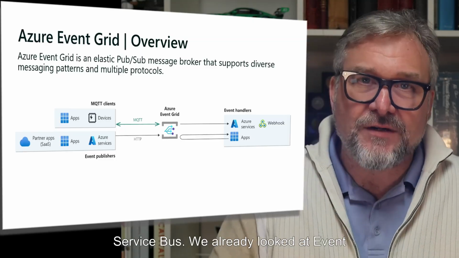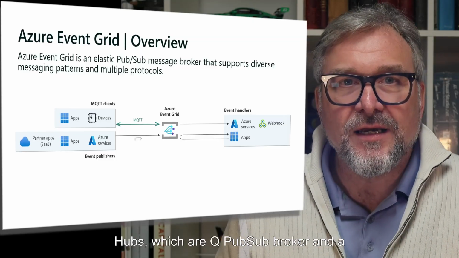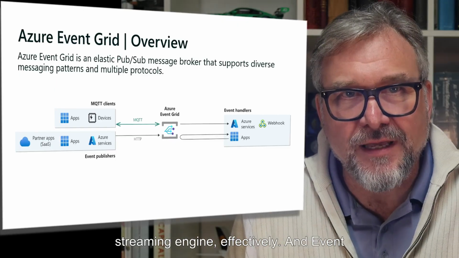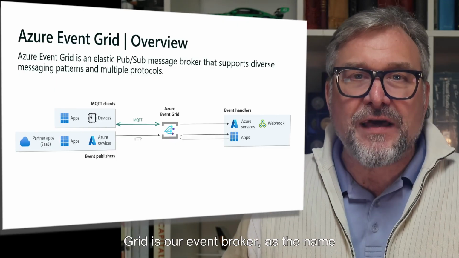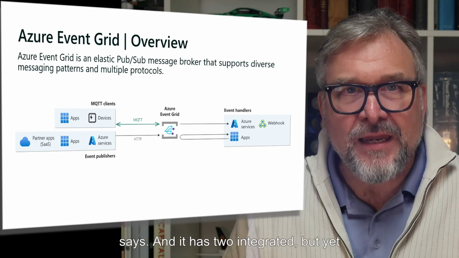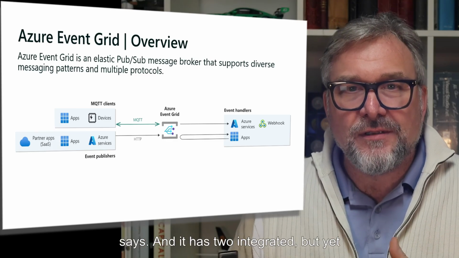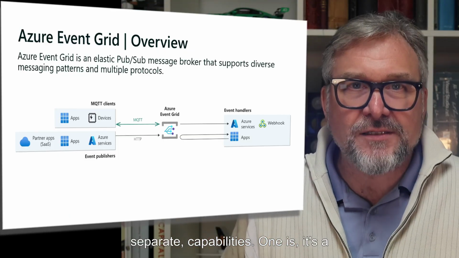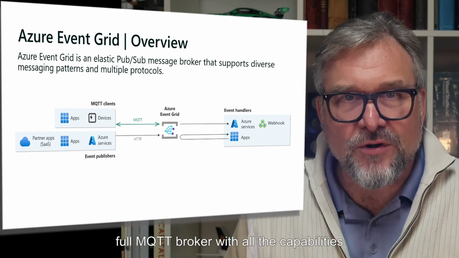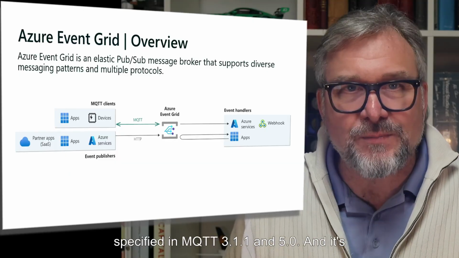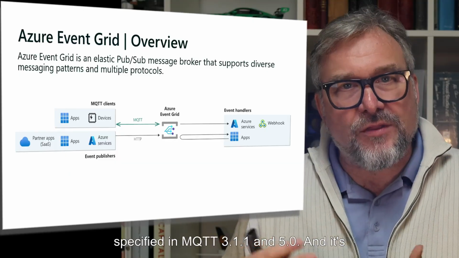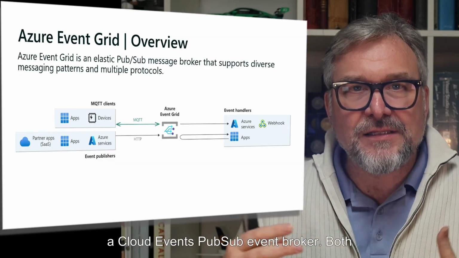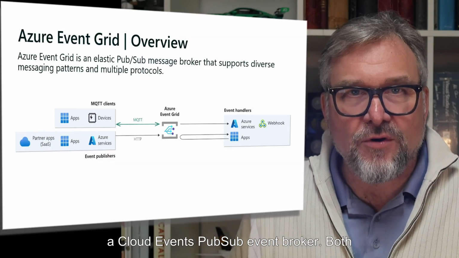We already looked at Service Bus, we already looked at Event Hubs, which are a queue and PubSub broker and a streaming engine effectively. And Event Grid is our event broker, as the name says, and it has two integrated but yet separate capabilities. One is it's a full MQTT broker with all the capabilities specified in MQTT 3.1.1 and 5.0, and it's a CloudEvents PubSub event broker.